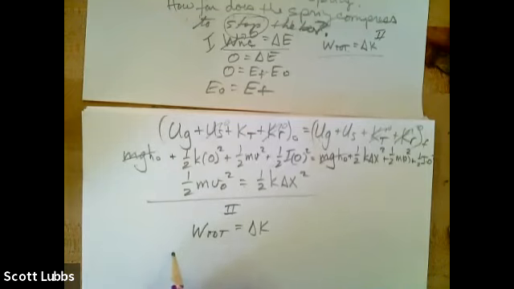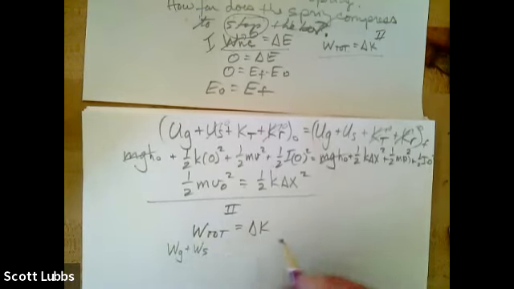So I have work done by gravity, work done by the spring. What else? I think that's all I got. And that's going to change the kinetic energy. That's going to be kinetic energy final minus kinetic energy initial.